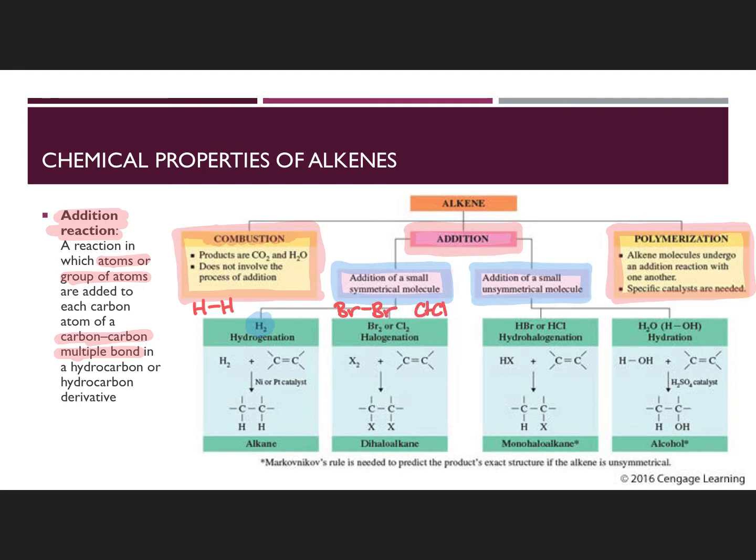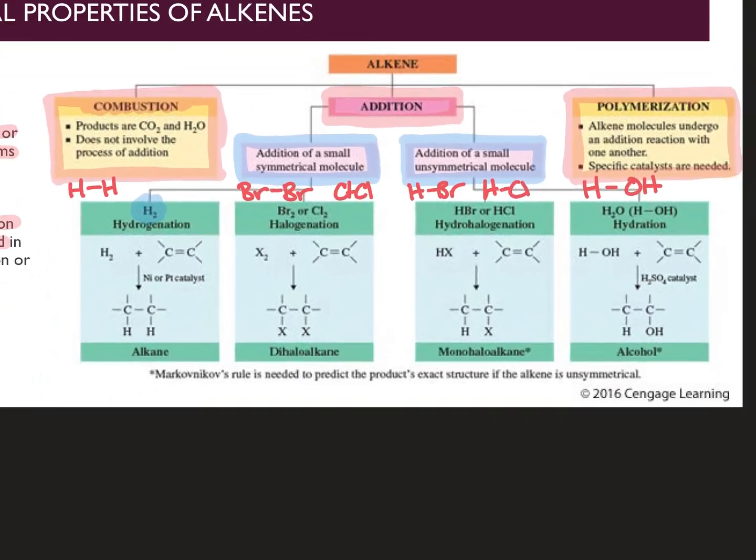So both halves are equivalent. That's what a symmetrical molecule would be. For asymmetrical, we can have something like HBr or HCl, so one half is hydrogen and one half is the halogen. Or we can have water, which we can split into hydrogen on one half and OH for the other half.